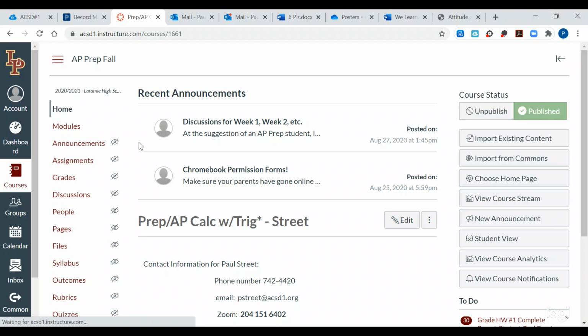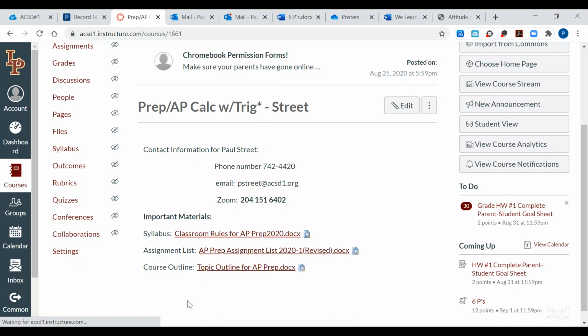What I want to do is share my screen here with the people that are going to watch the video. That's the reason I'm doing that. Now they should see, hopefully, what you're seeing, and I'm going to scroll down. So here's the classroom rules. I'm going to open that up and pull it up here.